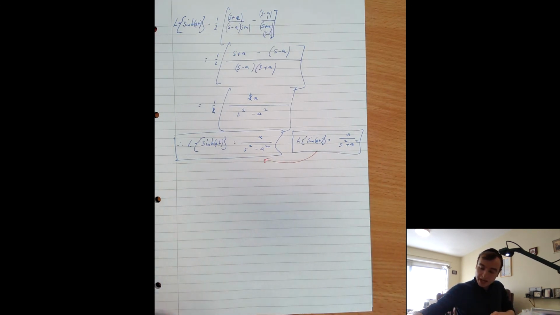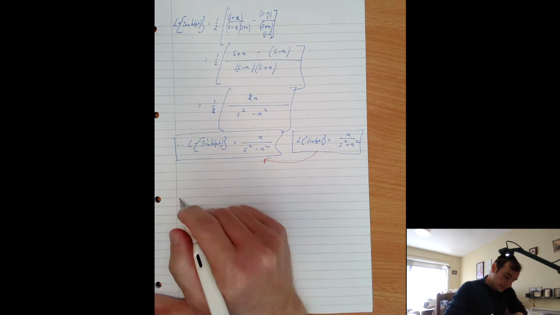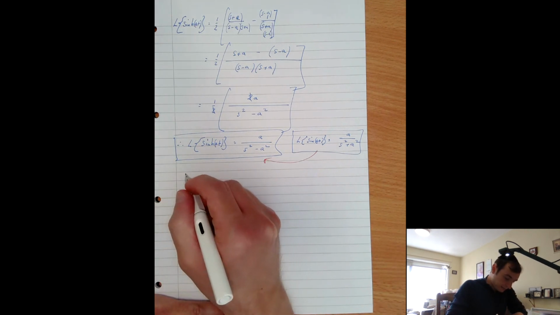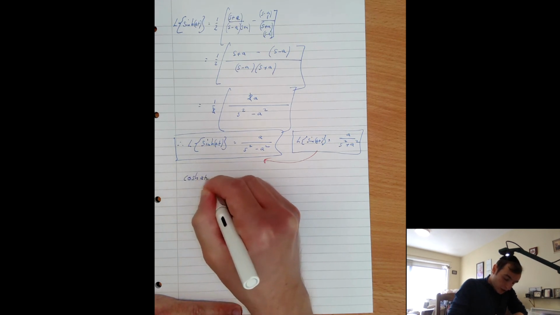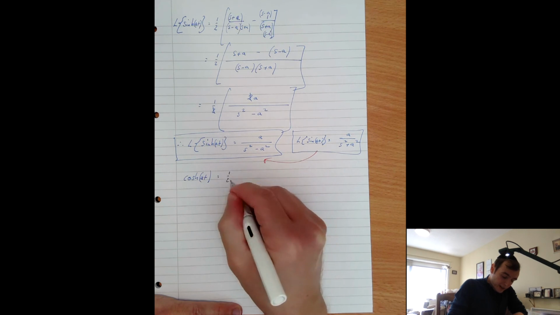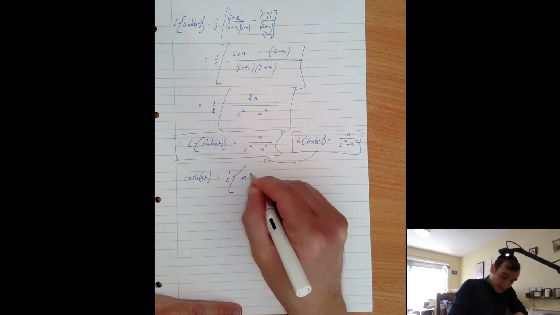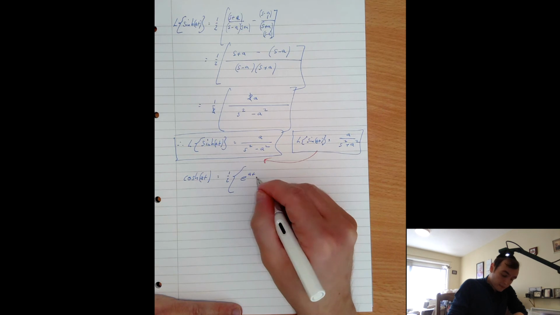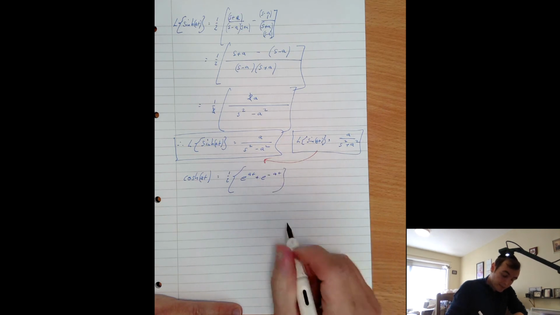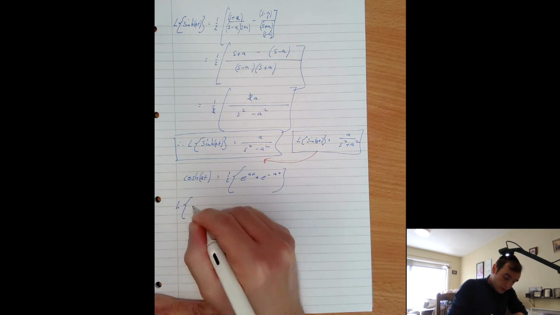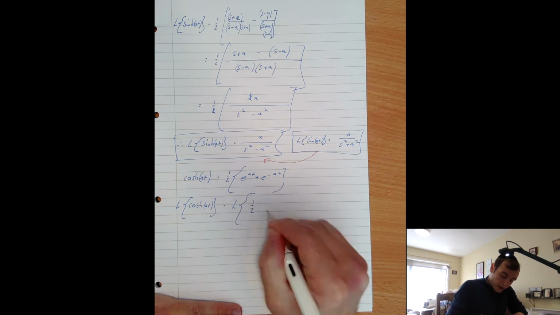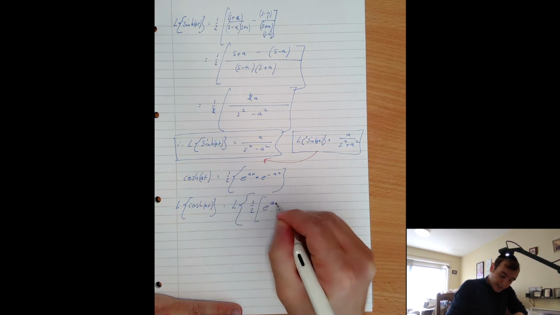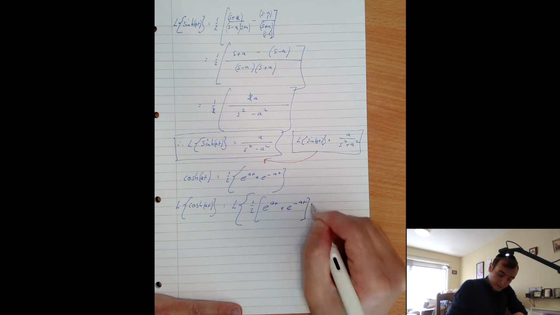Now, if we have a look at cosh, let's see now. We know that cosh at is defined as a half of e to the at plus e to the minus at. Yeah. So if we want to know the Laplace transform of cosh at, it's simply going to be the Laplace transform of half e to the at plus e to the minus at.